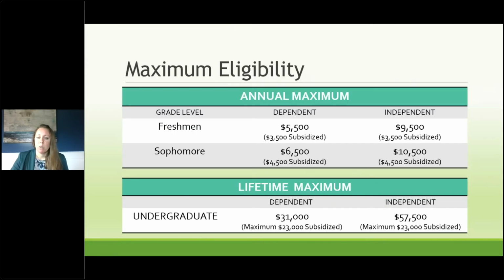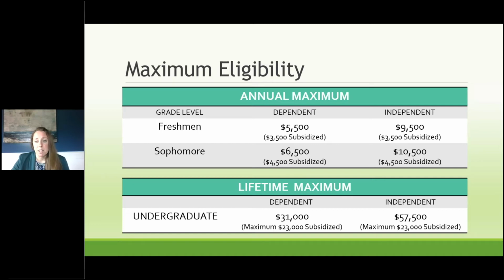As far as loans go, there is an annual maximum amount and a lifetime maximum as well. So let's just say a dependent freshman student, a student that lists parent information on the FAFSA, which makes them dependent, coming right out of high school. As a freshman in college, they're going to qualify for $5,500 of a federal student loan. $3,500 of that can be subsidized.